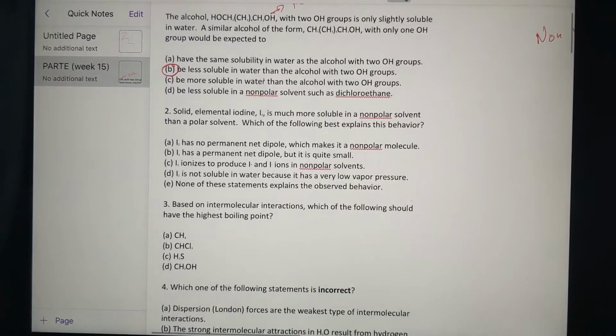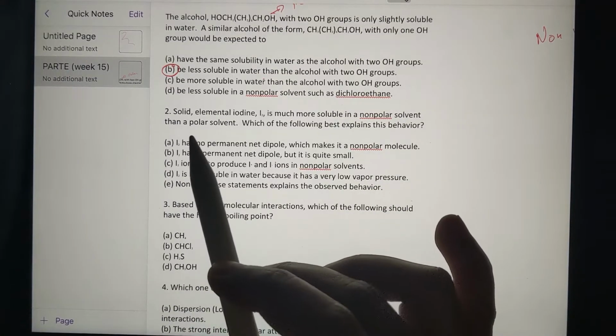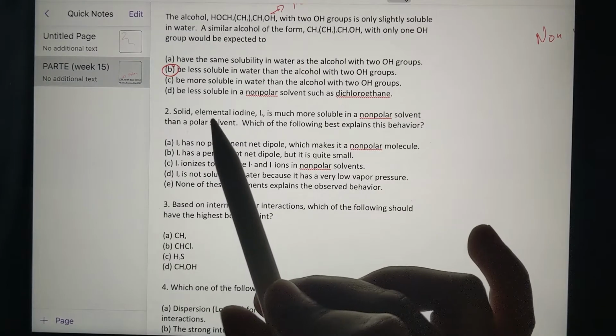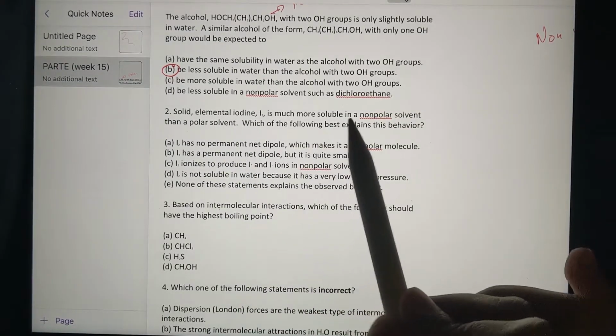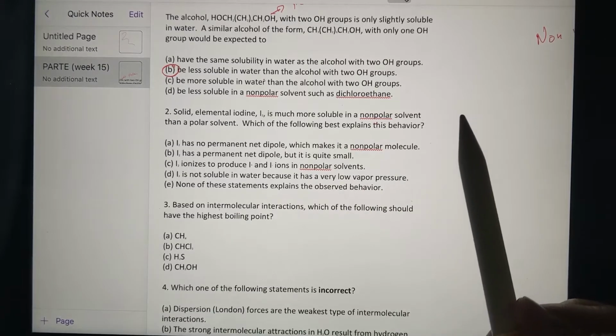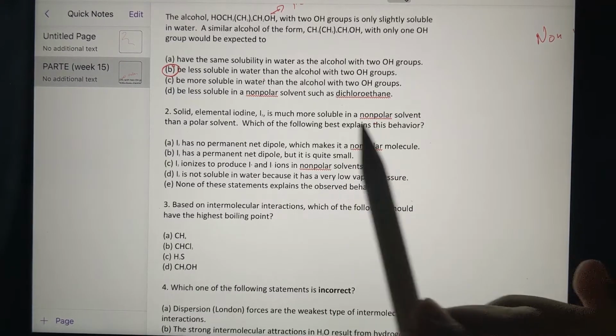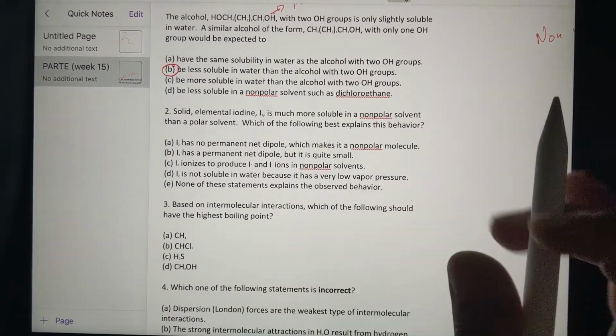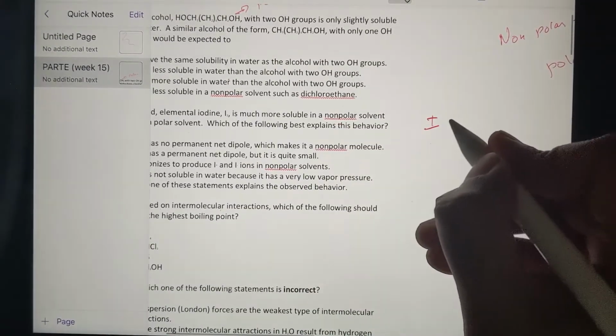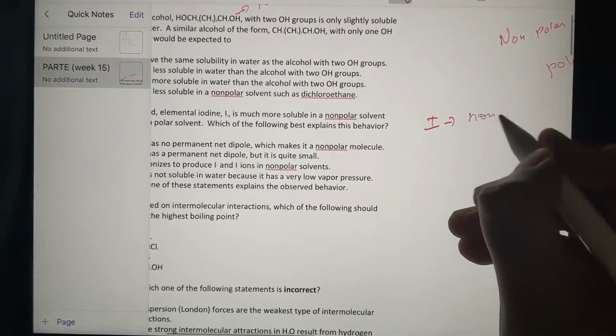The second question is very related to the first question. In this one, elemental iodine is much more soluble in non-polar solvent. If it is soluble in non-polar solvent, that means iodine is also non-polar.